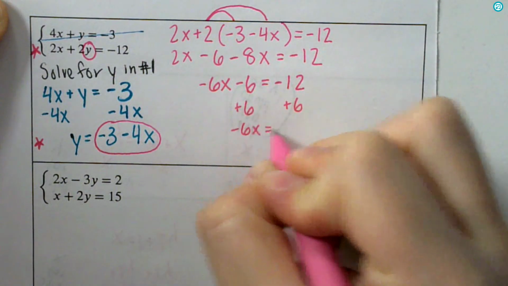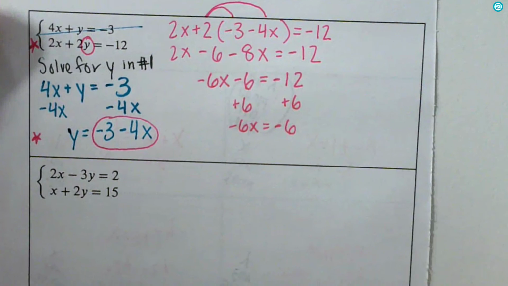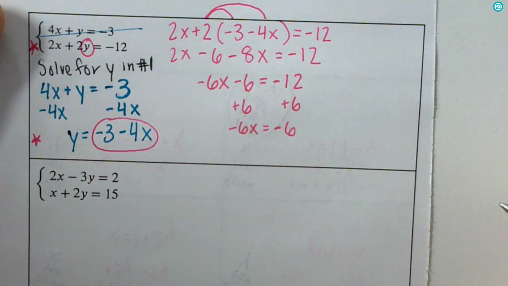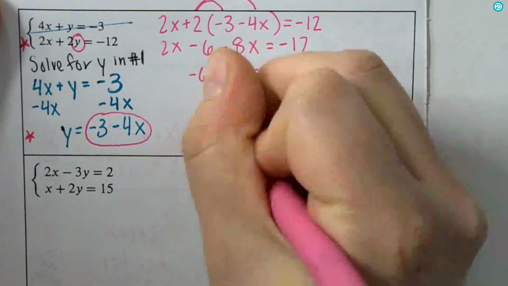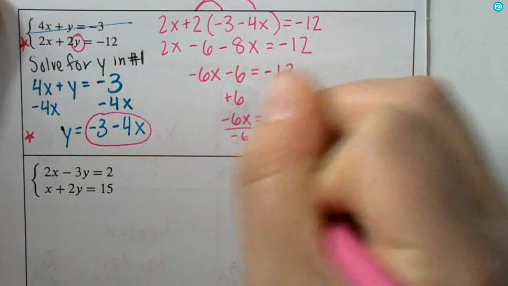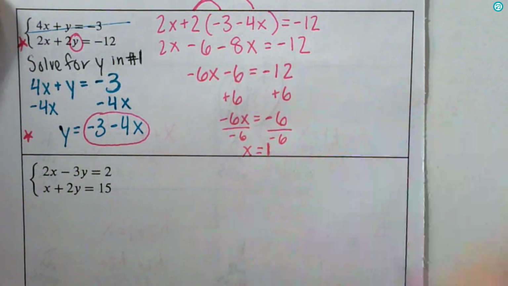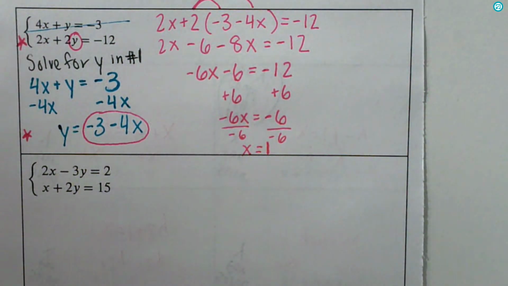Negative 6x equals negative 6. And finish solving by dividing both sides by negative 6. So I get x equals negative divided by negative is positive, and anything divided by itself is 1. So I get x equals 1. Any questions on that, which was steps 2 and 3?